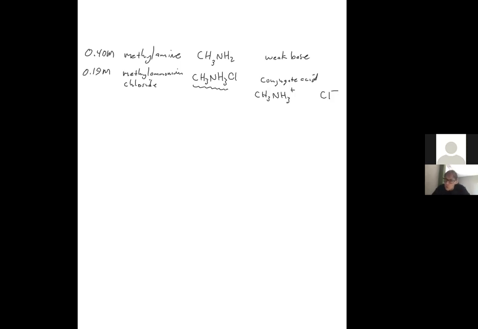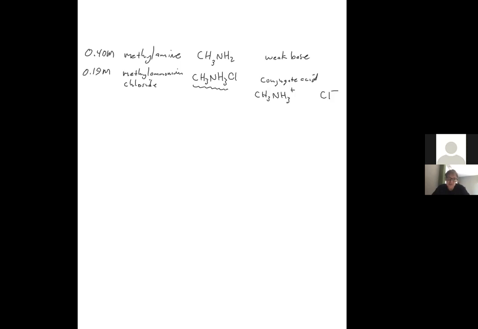Chloride, bromide, iodide, we can ignore their contribution to acidity because they are the conjugate bases of strong acids. However, the methylammonium ion, that is the conjugate acid of a weak base, so it will behave like a weak acid.